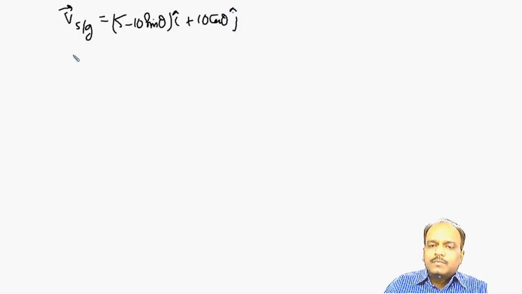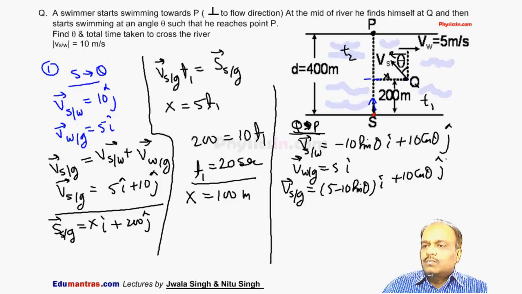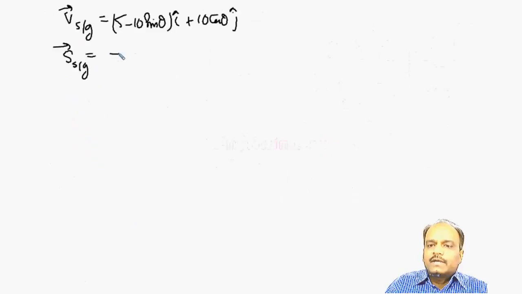Now the displacement of the swimmer with respect to ground for Q to P: the horizontal displacement is minus x i cap, so I will write it as minus x i cap plus 200 j cap.